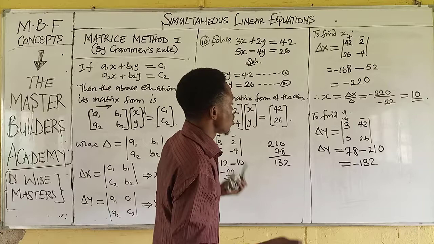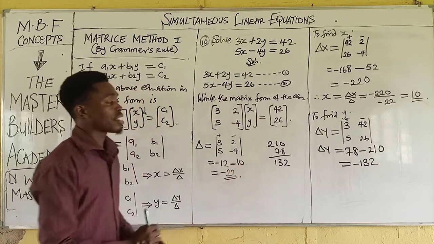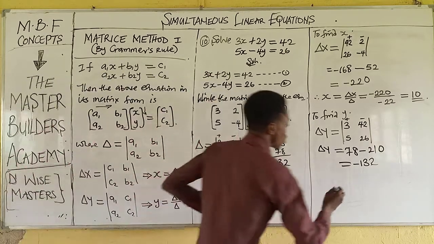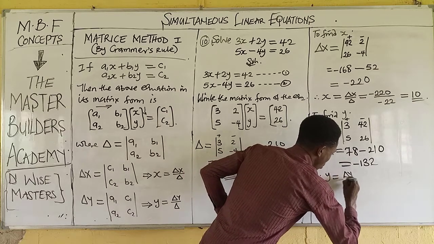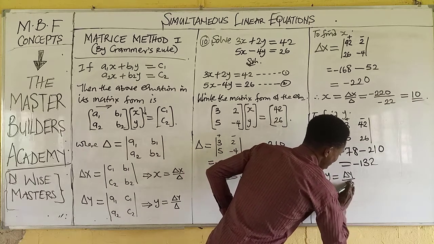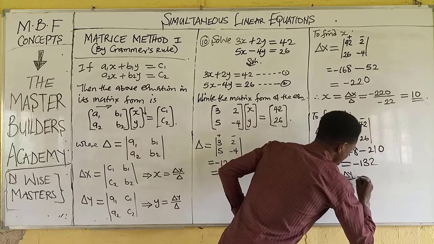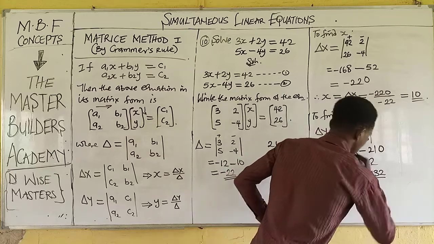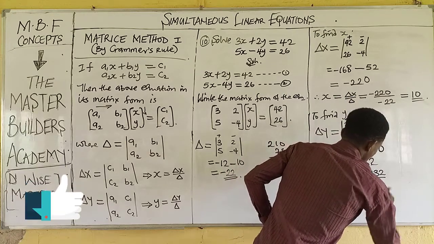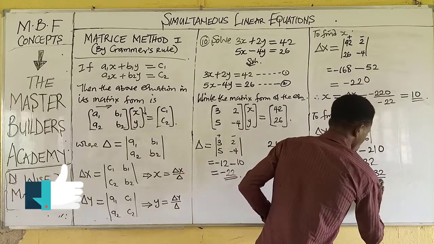So the next thing we are quickly going to do here is to divide both sides. So now is to state the equation. Therefore, y is equal to determinant with respect to y over the overall determinant, which is equal to minus 132 over 26 over minus 22.